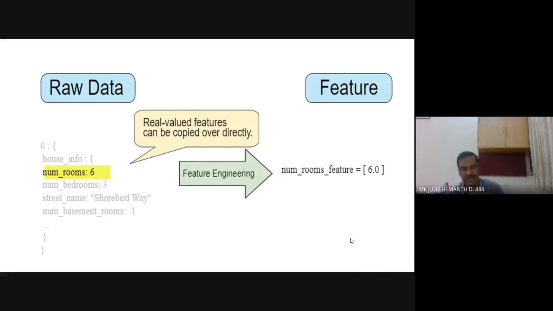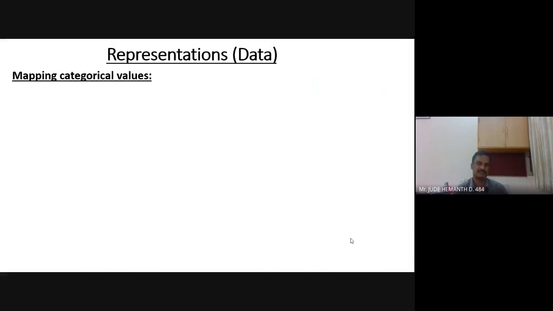When you have a real number in your raw data, the same data can be taken for your feature also. The only thing you need to do is represent it as a floating point number. It can be 4 decimal positions or 3 decimal positions, that is up to you. So this is one of the easiest possible representations.